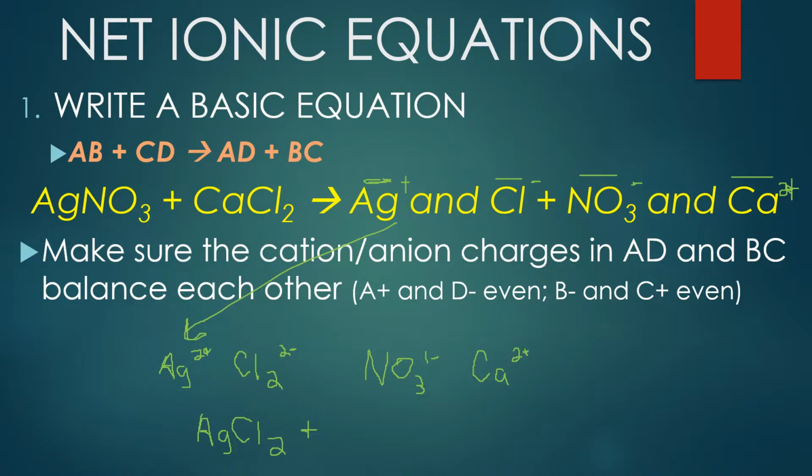So we're going to need 2 nitrates with a charge of 1 negative each to even out the 2 positive for the calcium. Let's write calcium first since it's the cation.